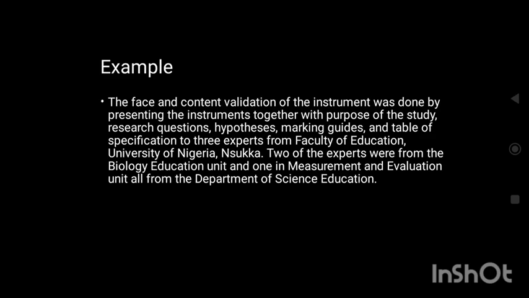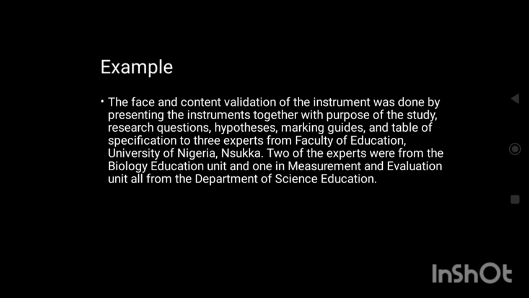What all this long English that we just read is saying is that validation of instrument is where the researcher reports how his instrument was validated, where the researcher will tell us how the instrument was subjected to face validation and content validation by experts to ensure that the instrument is actually measuring what it intends to measure.